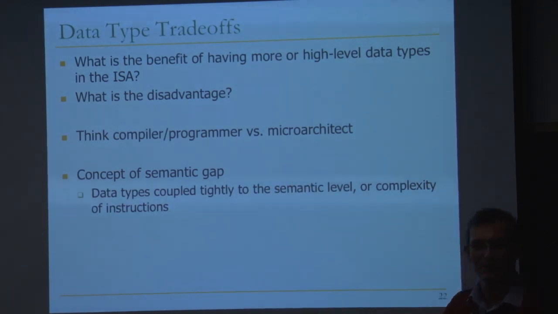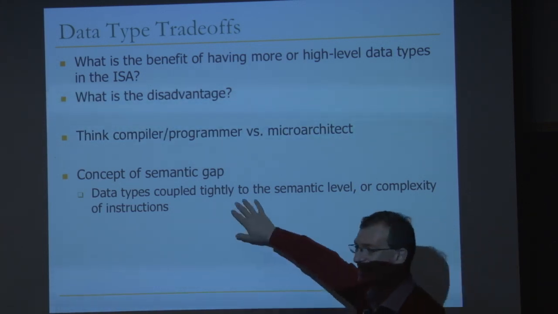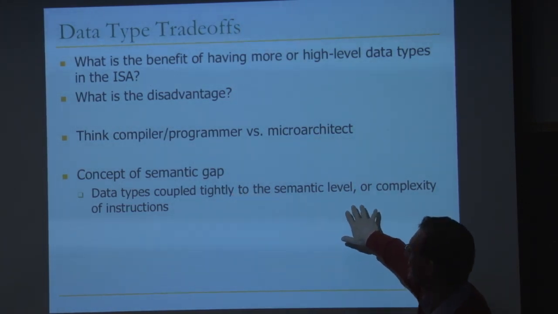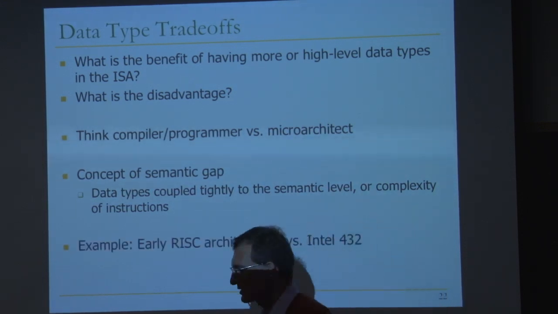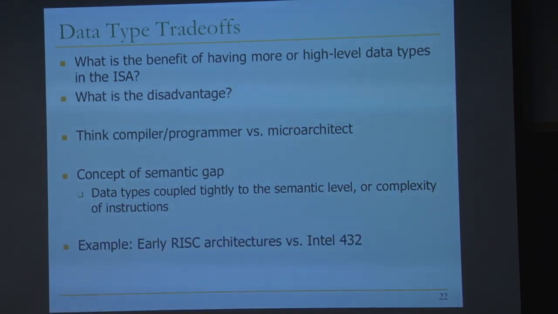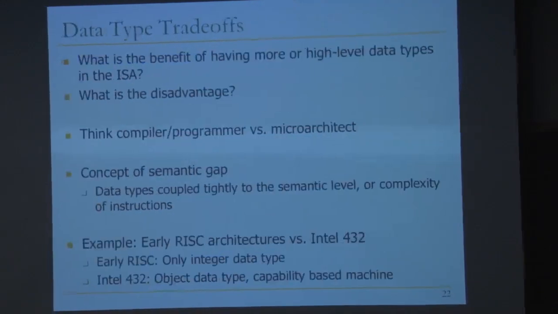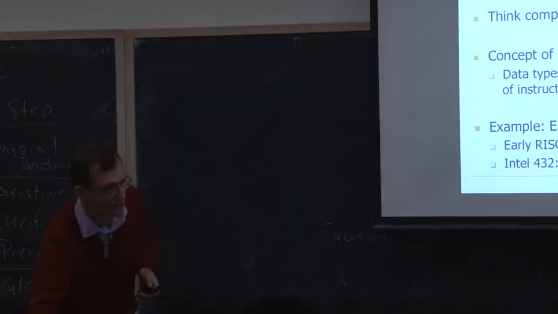Have you ever heard of a semantic gap? No? OK. Basically, data types are coupled to the semantic level, or the complexity of instructions. Let me give you the example over here. We'll get back to this when we talk about complex versus simple instructions, but I'd like to give you an overview first.